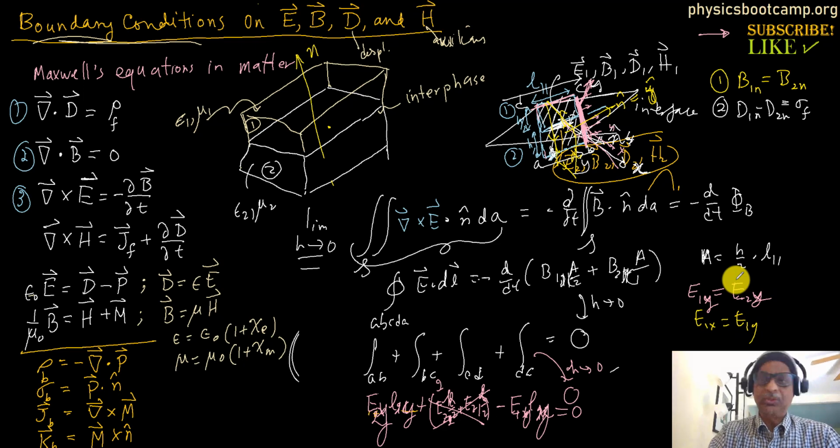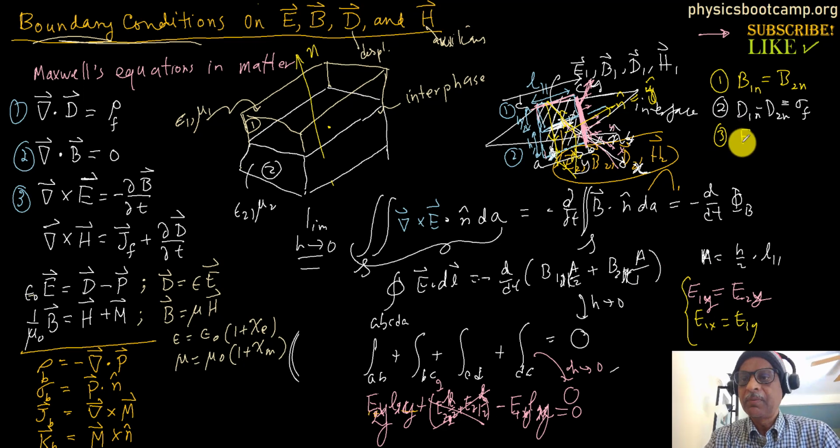As a matter of fact, I can loop in any direction parallel to the surface, so any combination of these as a vector will give me the parallel E vector, equal for 1 and 2.